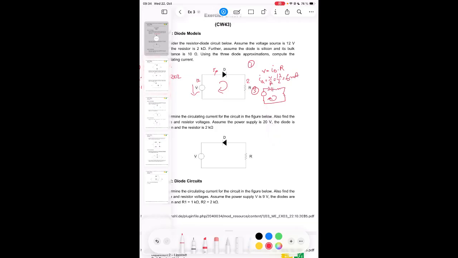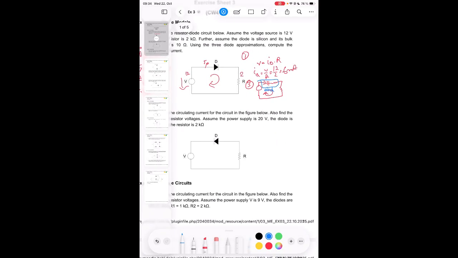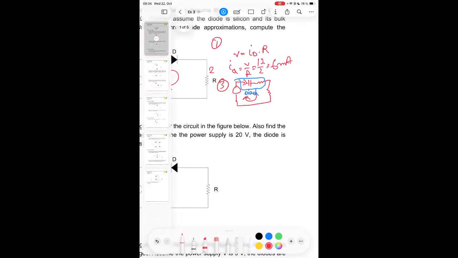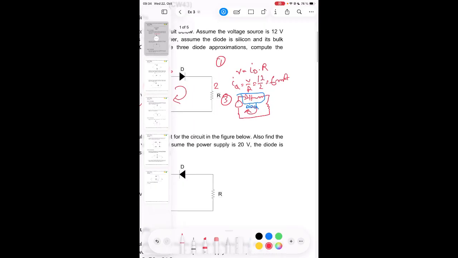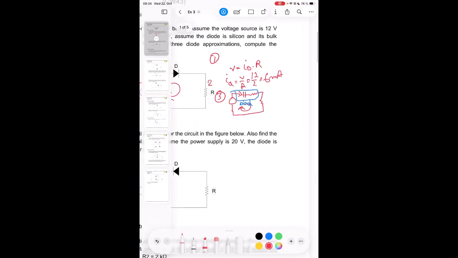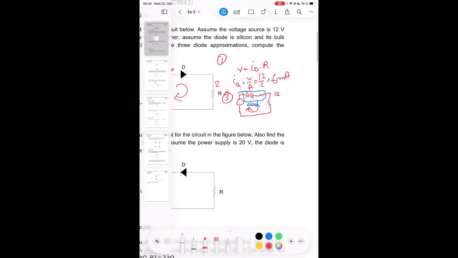Any questions so far? So for the real world, the third one would be the most appropriate. Exactly. If you would like to have exact numbers, probably you can try this at home. Just take the Shockley equation, the exponential function, and put the numbers, and then you will see it's going to be more detailed, 5.61235.